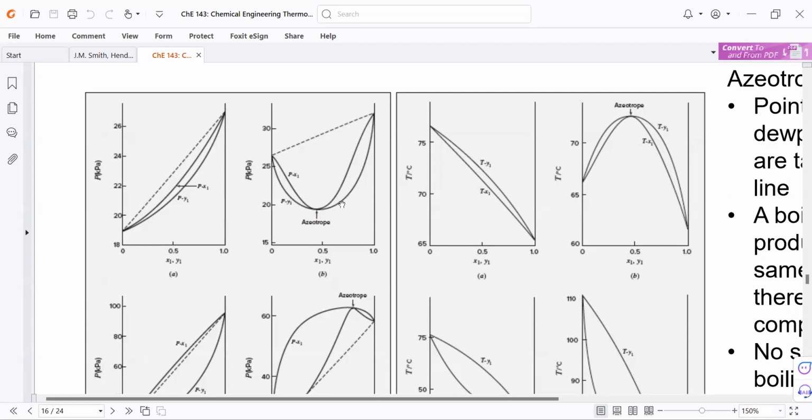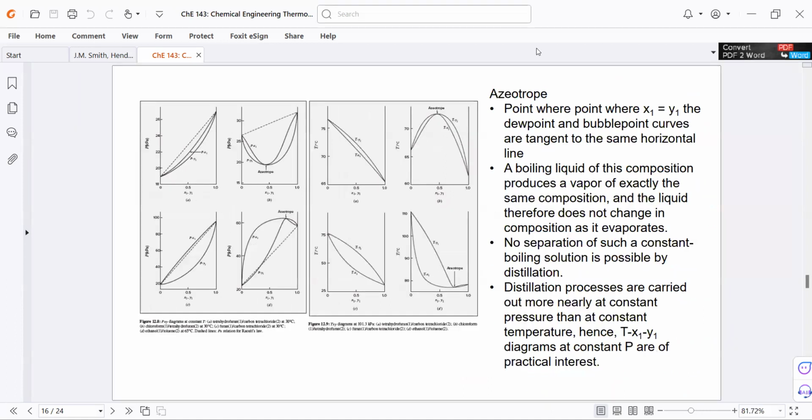Not strictly speaking a parabola, but the curve dips.